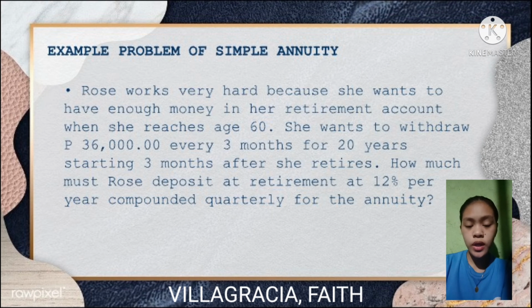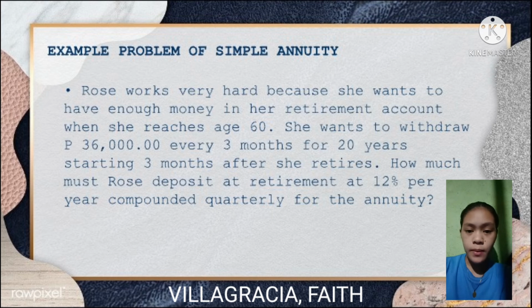Before we proceed to the example problems, let me tell you what a contingent annuity is. A contingent annuity is an annuity in which the payments extend over an indefinite length of time. So let's proceed to the example problems.